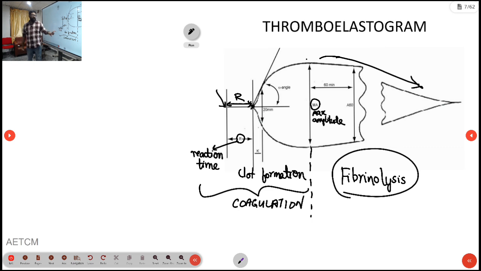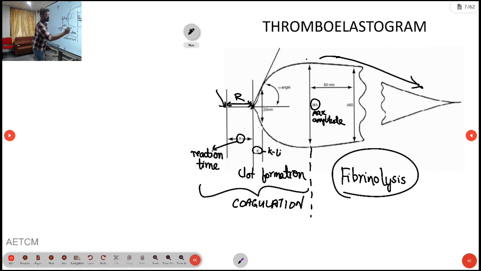So initially we have the reaction time, the R time. So this interval is between the starting of the test and the amplitude of 2 mm, and between 2 mm and 20 mm. So that is the minimum amplitude which is required for a clot stabilization. So that is determined by the K time.